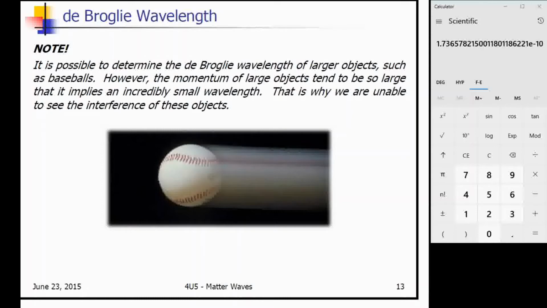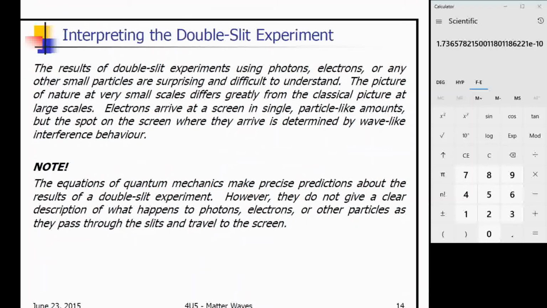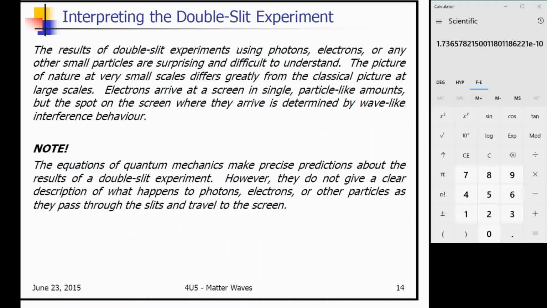But because our h is so small, on the order of 10 to the negative 34, and our velocity is so slow, we would have a wavelength that is very small as well. So we won't really be able to notice that wavelength, and we won't be able to see interference because the wavelength itself is smaller than the object that is experiencing that wave.